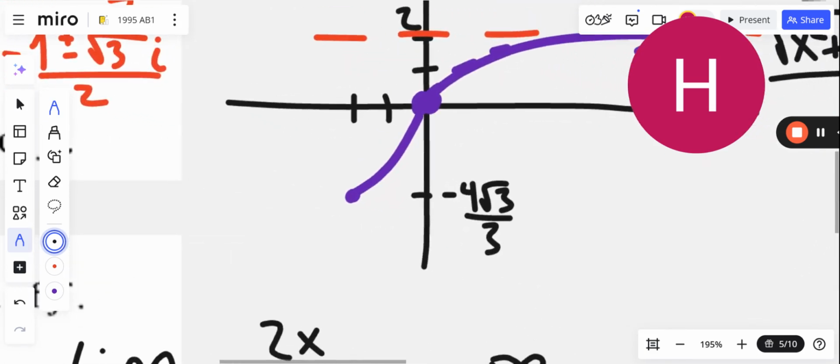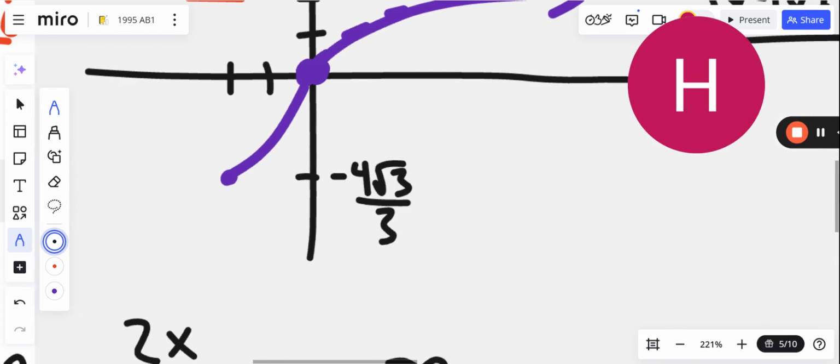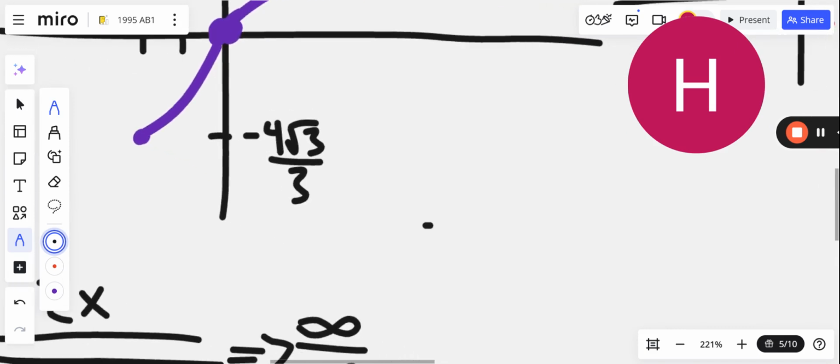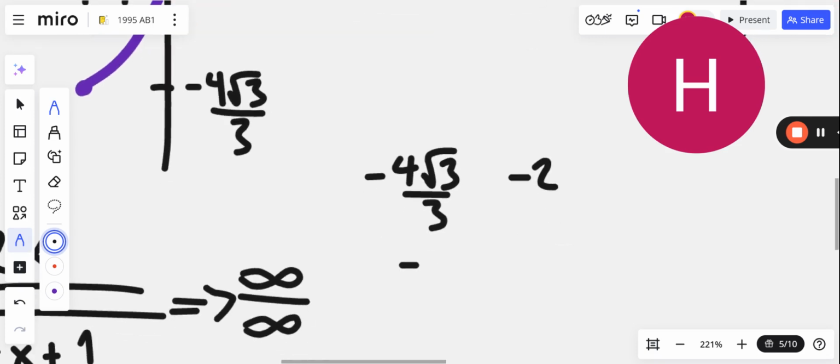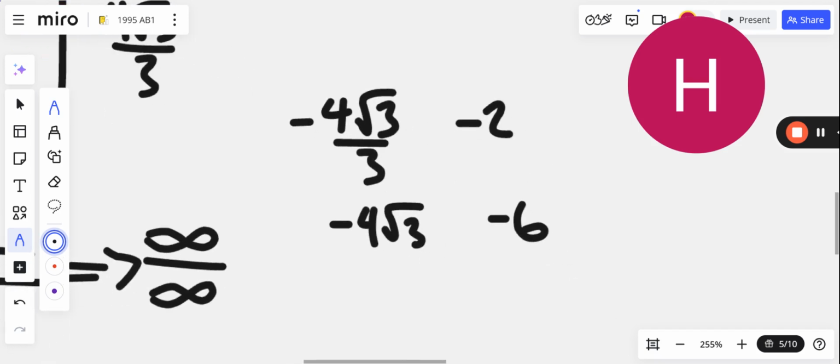Now, where is negative 2 compared to negative 4 rad 3 over 3? Well, just to be clear, let's show that this is actually less than negative 2. That's because with negative 4 rad 3, if we multiply both sides by 3, how does this compare to negative 6?